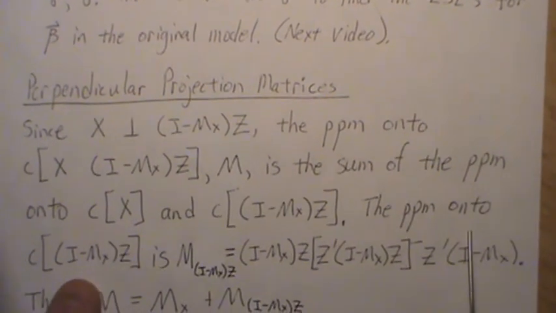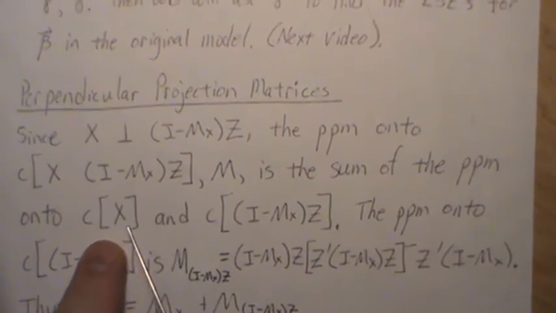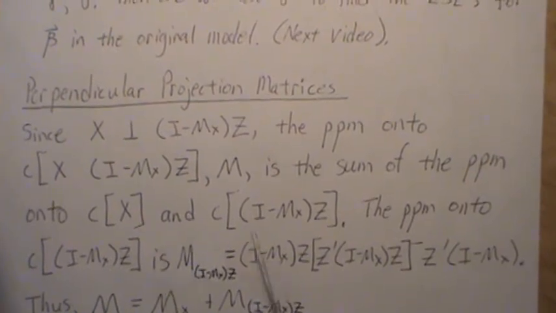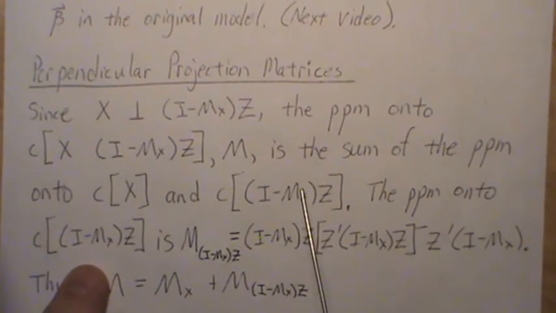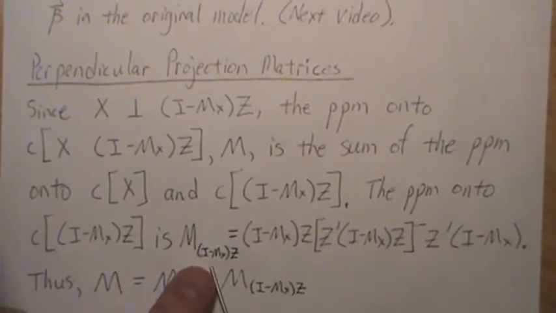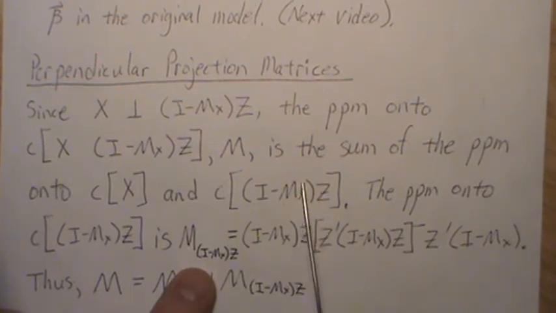So the perpendicular projection matrix on the column space of X, we called MX. We've already examined that. Now the perpendicular projection matrix onto this column space we're going to call M sub I minus MXZ.